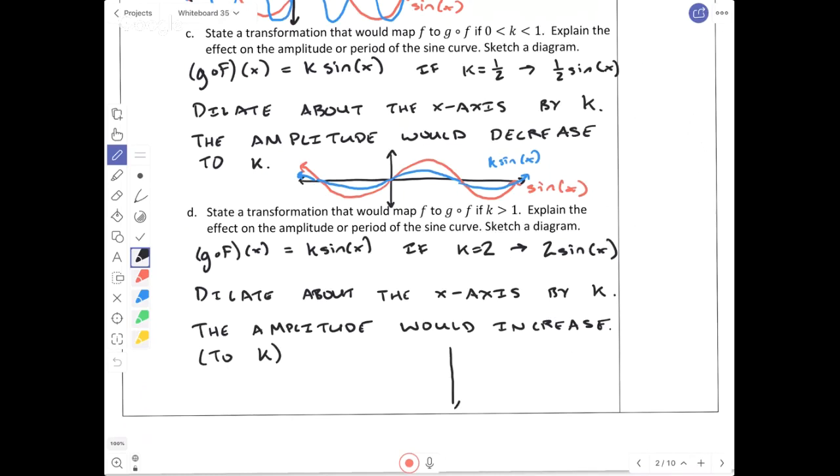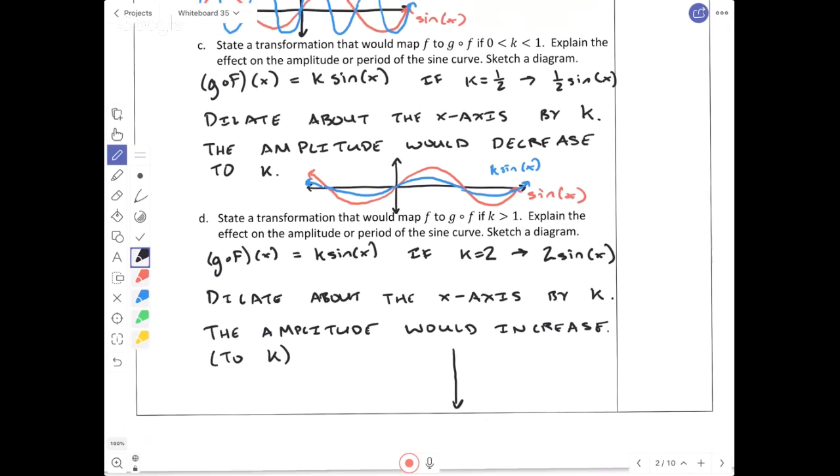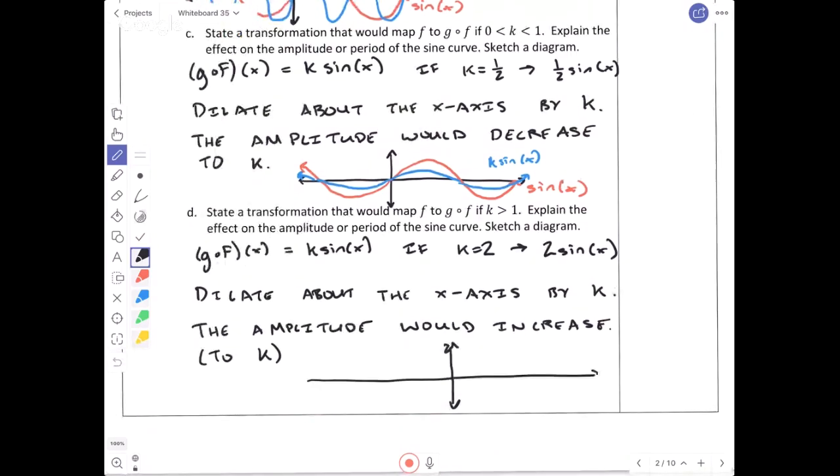And there's a diagram. I'd still have my original sine function, sine of x.